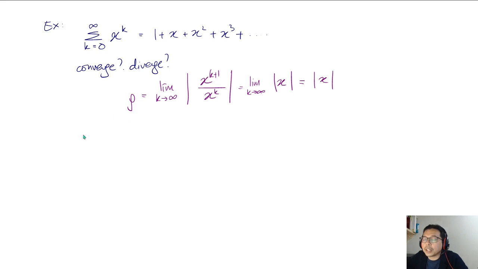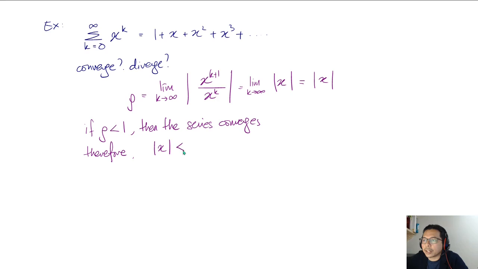We know from the ratio test that if rho is less than 1, then the series converges. Therefore, when the absolute value of x is less than 1, the series converges.